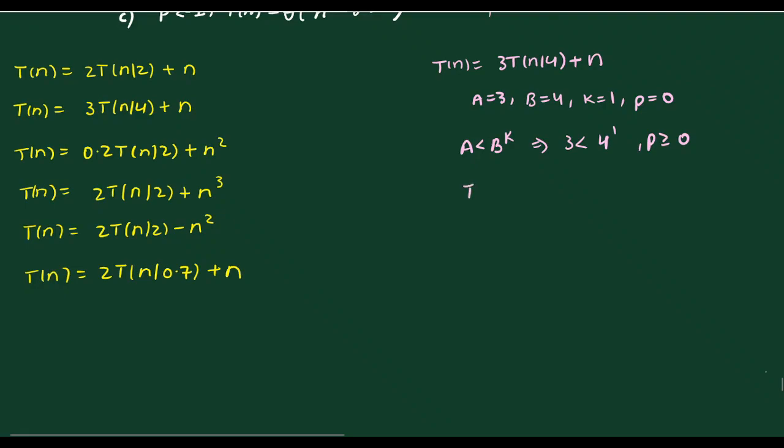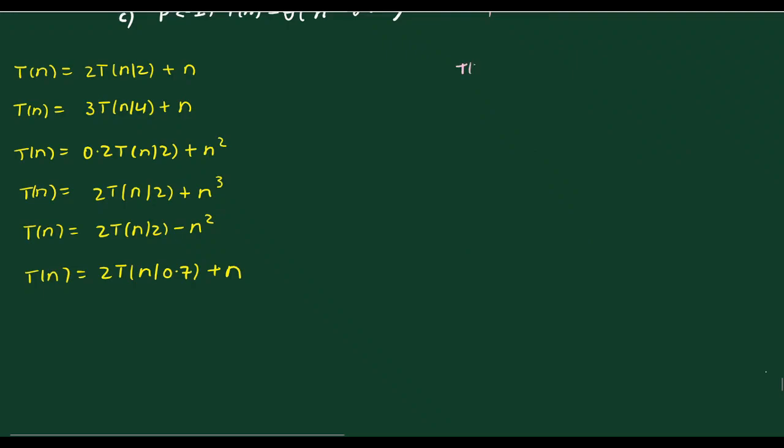So your T of n becomes theta of n power k, which is n power 1, and log p of n is 0, that is 1. So this becomes theta of n, right? Now let us look at the third question. T of n equals 0.2 times T of n by 2 plus n square.